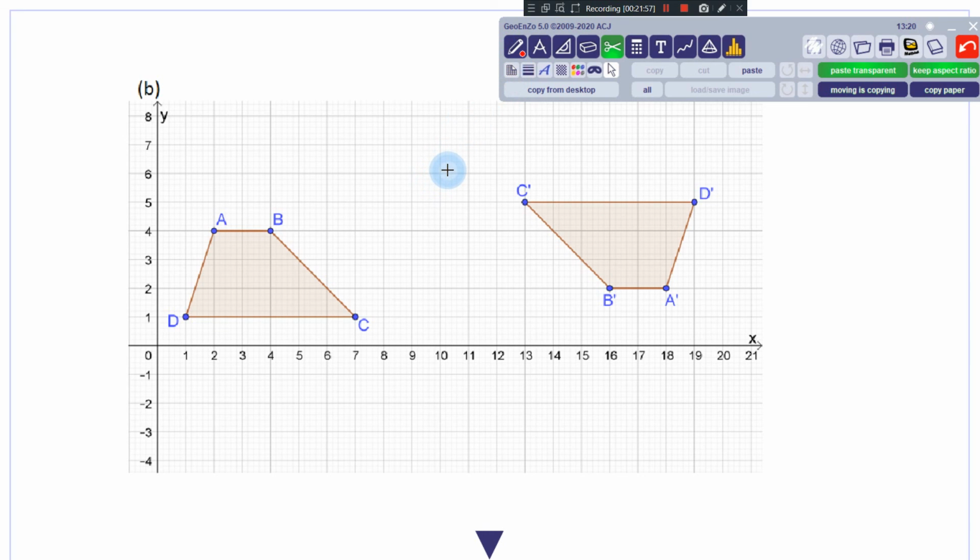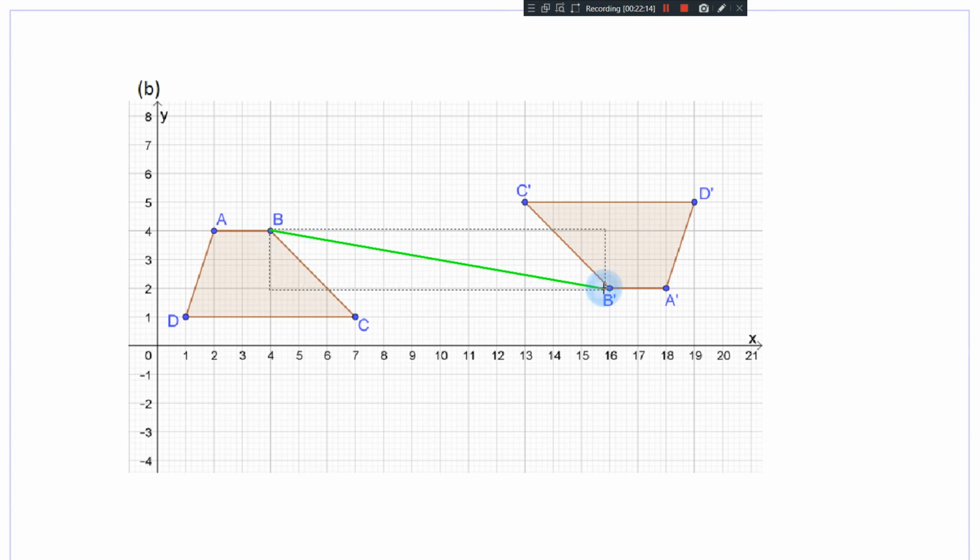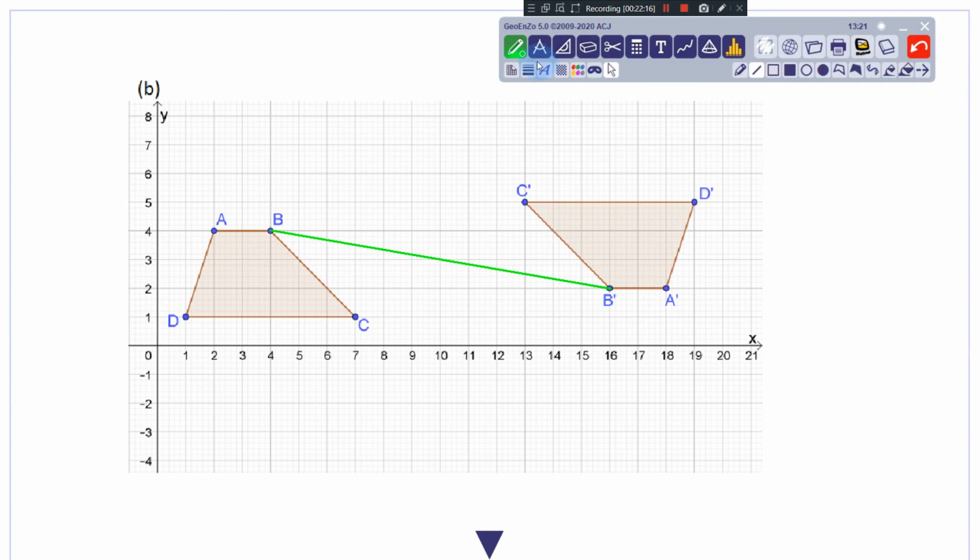If this is 180 degree rotation, we can just simply draw two straight lines. We need two pairs. Okay, in this case, I will choose B and B prime. Draw this way. And then we need another line, C, C prime, or D, D prime, or A, A prime.